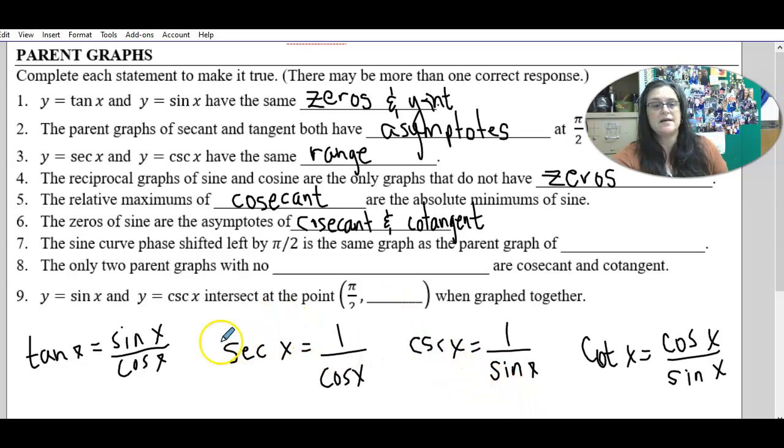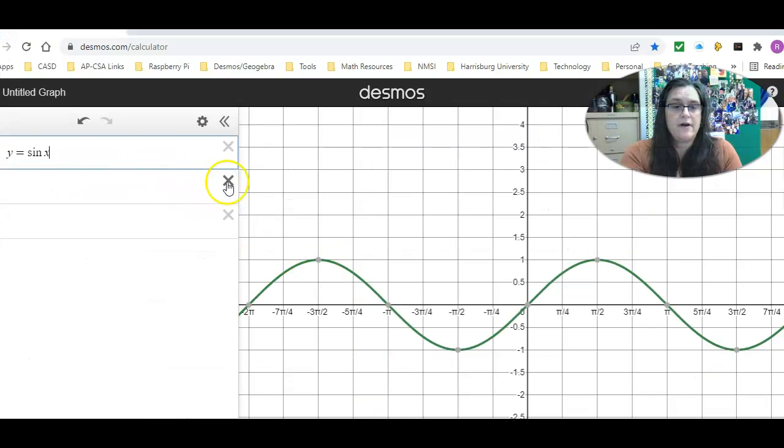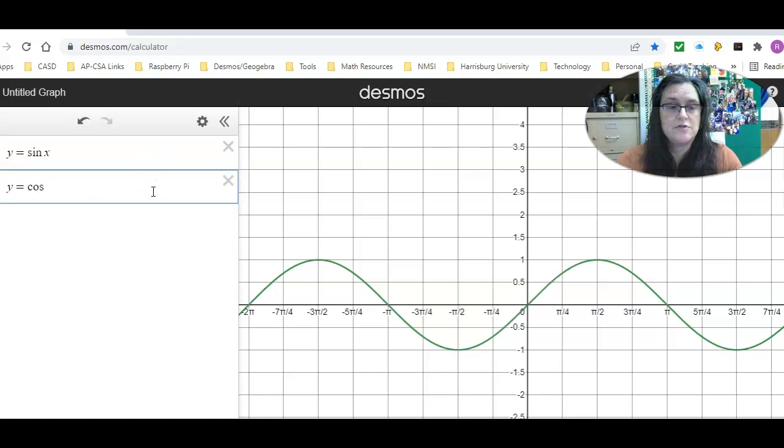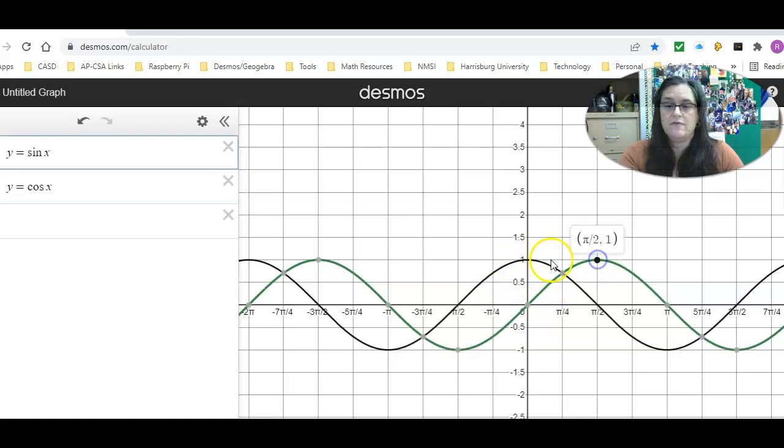Okay, number 7, the sine curve phase shifted left by pi over 2 is the same graph as the parent graph of what function? So back to Desmos again, here's our sine graph, and if I look at the graph that has the same shape, that would be the cosine graph, and notice that the y-intercept here for the cosine is pi over 2 units away from the corresponding point for the sine function.